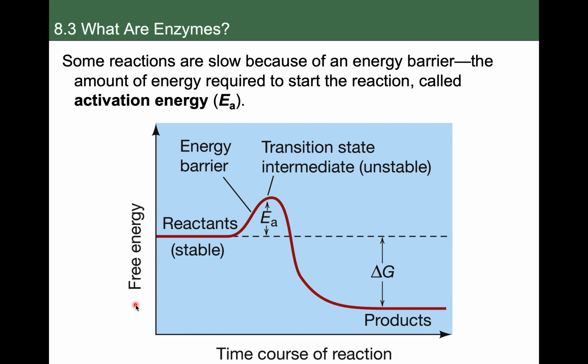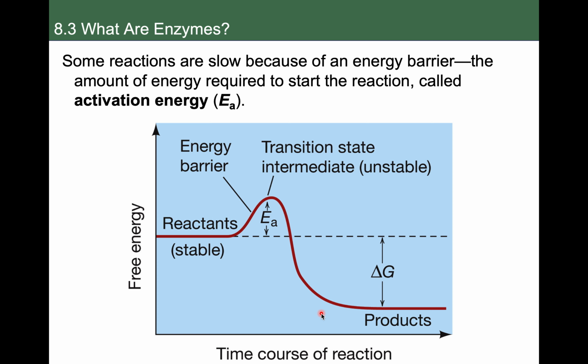And the way enzymes work is by reducing what's called the activation energy, or E sub A, that's required to start essentially every chemical reaction. So even a reaction that releases energy like this one, if we look at this graph here, the products of this reaction have less free energy than the reactants, so we're getting this negative change in free energy.